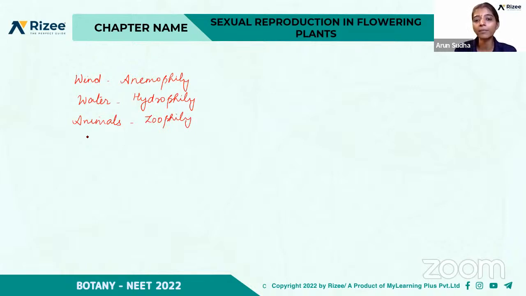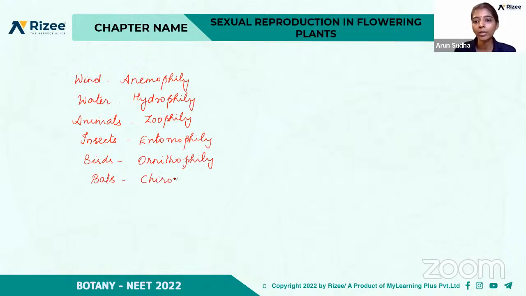And by different animals, for example, if it is by insects, it is called entomophily. If it is by birds, it is called ornithophily. If it is by bats, then it is chiropterophily.